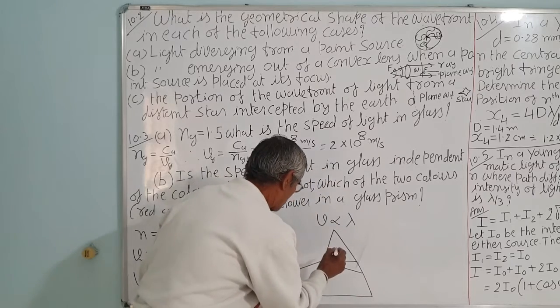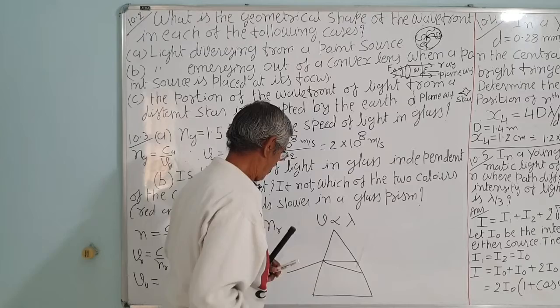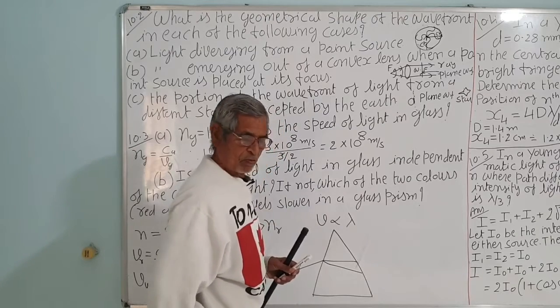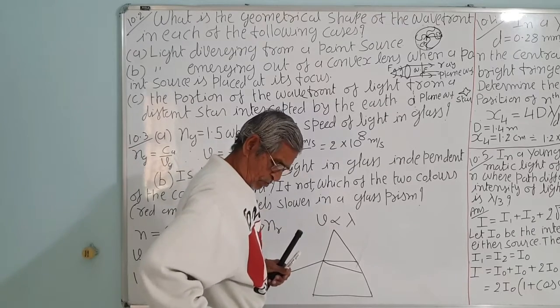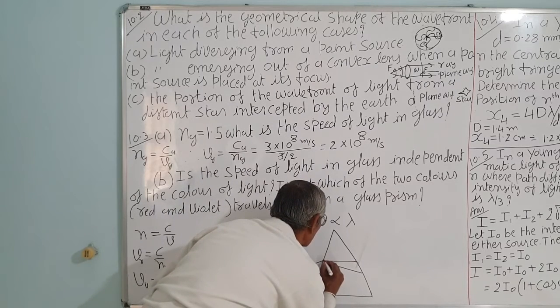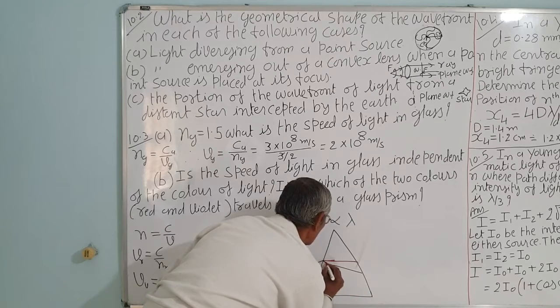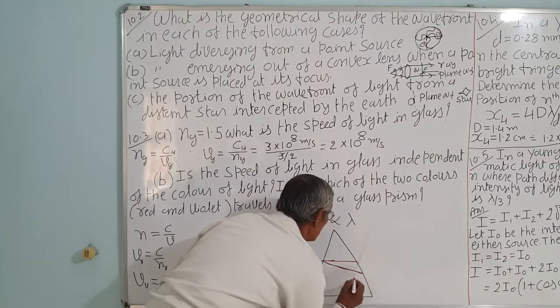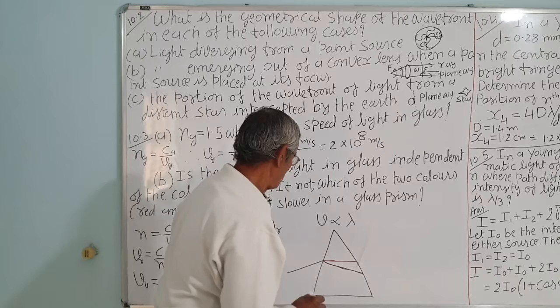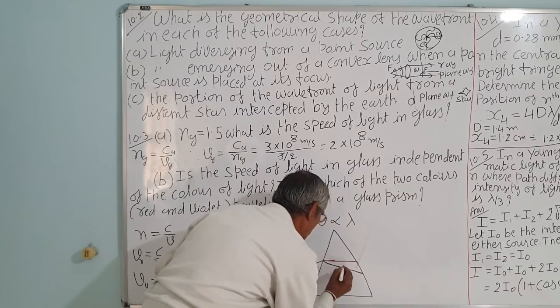The topmost is the red, and this is the violet. Violet travels more distance, so it takes more time than red for the same path. So this is for violet and this is for red.